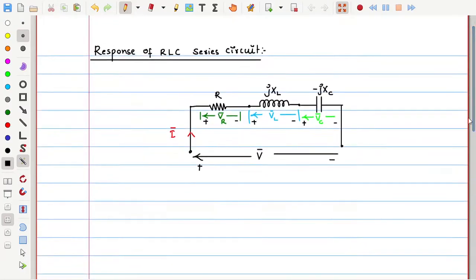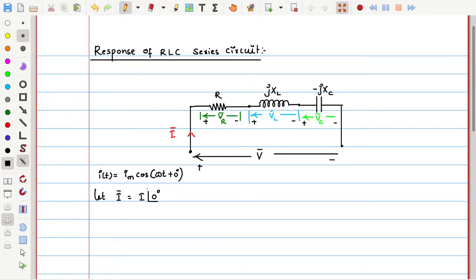Now let us assume some voltage or current, it's your wish, there is no fixed hard rule in this, but preferably in a series circuit the current is common through every element, so we choose the current I bar equal to I at an angle of 0. That means the current might be something like i(t) equals Im cos(omega t plus 0).